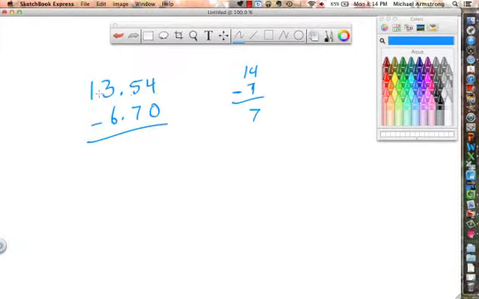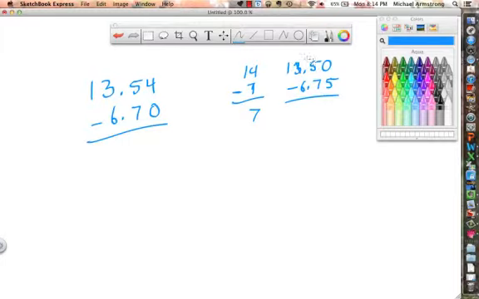The other way is to use those benchmarks, okay, that they taught you about on one of the other lessons. The trouble with benchmarks is that here the benchmark is at 50, and this benchmark is at 75. And you can't quite take 75 away from 50 without borrowing. And so this isn't quite mental math anymore. So the benchmark doesn't work as well. It still works.